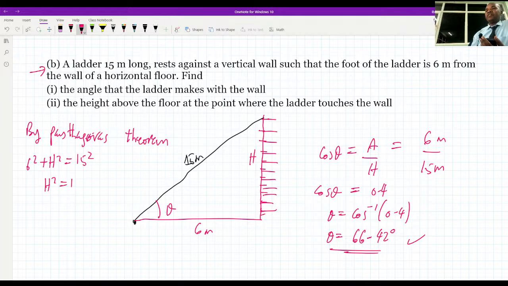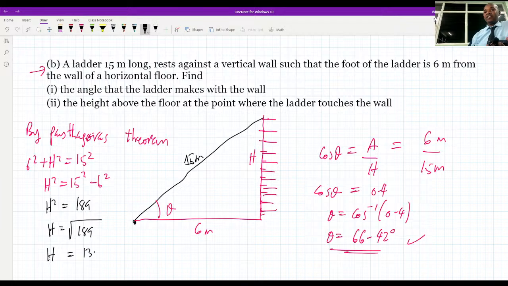So you have h square equals 15 square minus 6 square. Putting the difference, eventually you get 189. h square is 189, and the square root of 189, so h will be 13.75 meters.